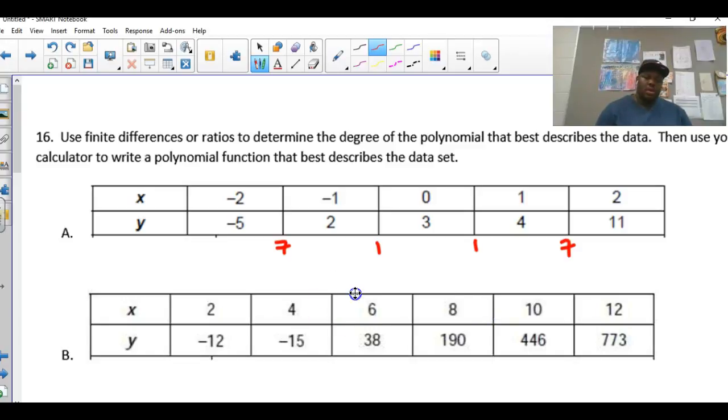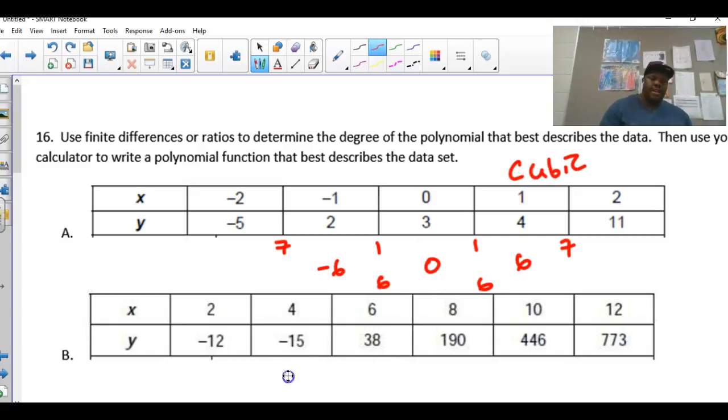So now 1 minus 7 is -6. 1 minus 1 is 0. 7 minus 1 is 6. So now, guys, 0 minus 6, or 0, excuse me, the distance here is 6. The distance here is 6. Alright, that's the third difference. So this is cubic.